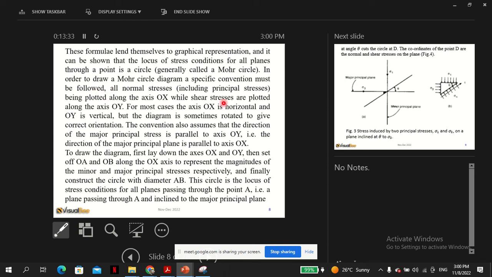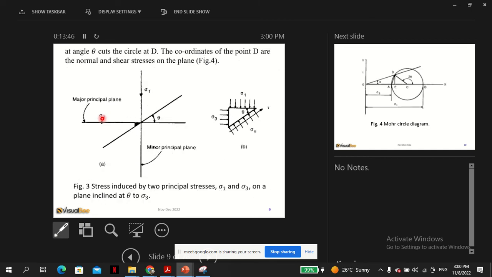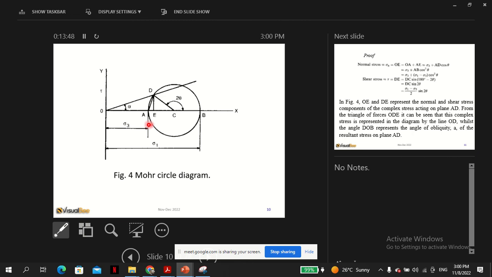All normal stresses, including principal stresses, are plotted along line OX. This is just an explanation for the Mohr circle. So all normal stresses, whether they are minor or major, are plotted on the horizontal axis, while the shear stresses are plotted on the vertical axis.